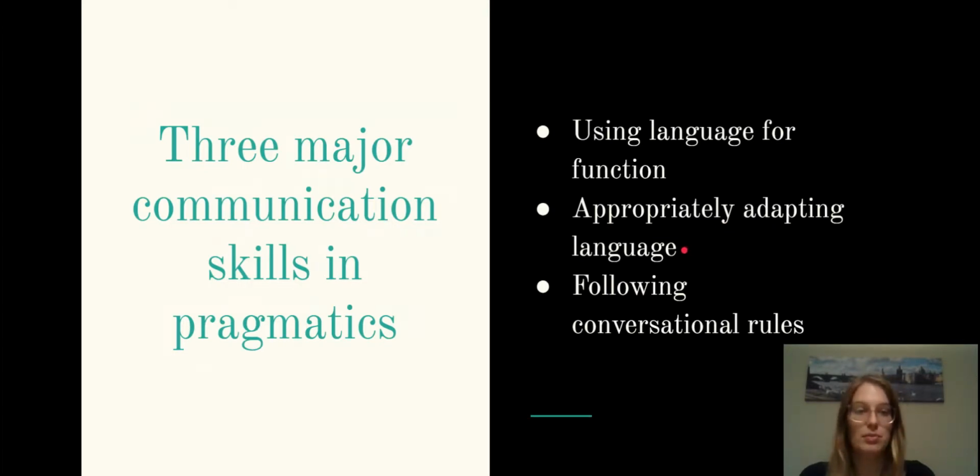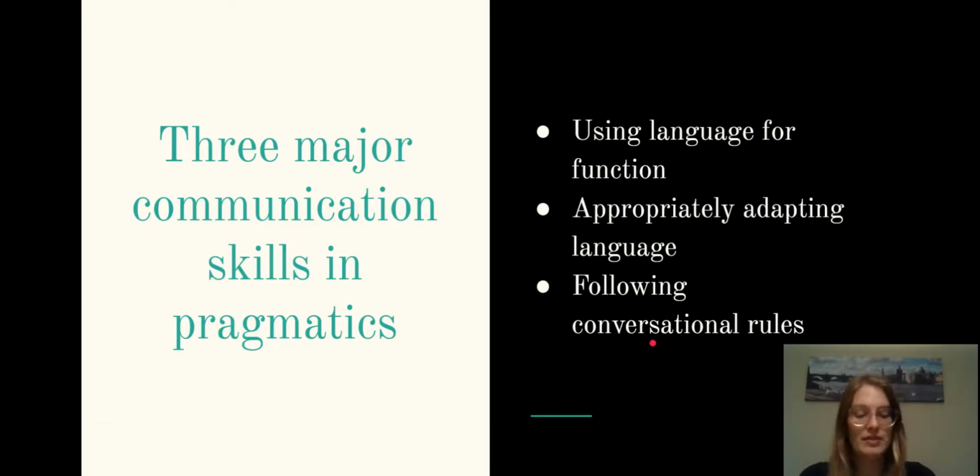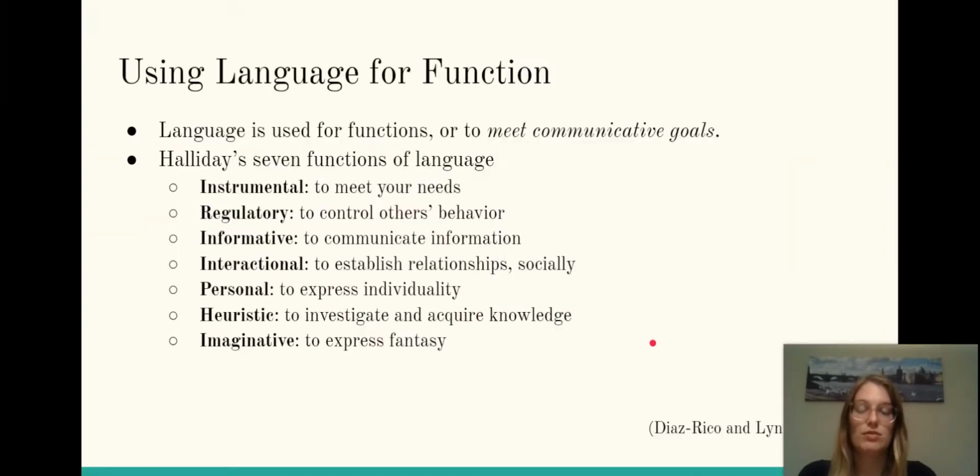What is appropriate language for the context you're in? Or another communication skill is following conversational rules. There are rules that we have and we follow in our conversations, and they're unspoken, but we understand them because of our cultural backgrounds, depending on where you are and what your context is.